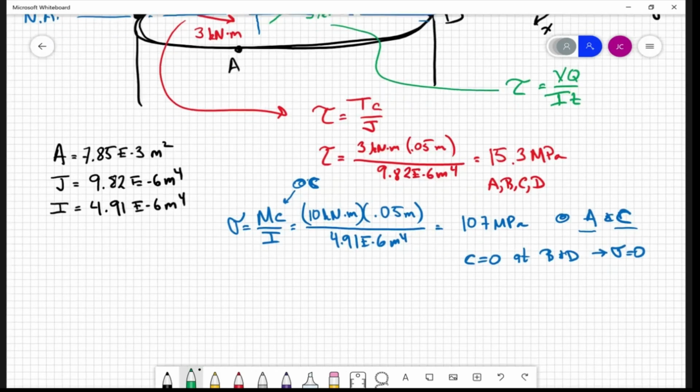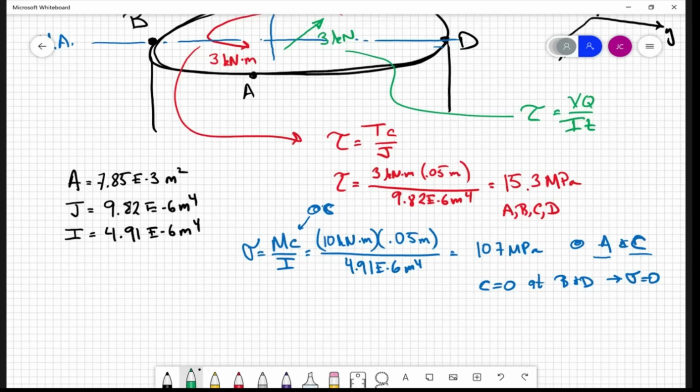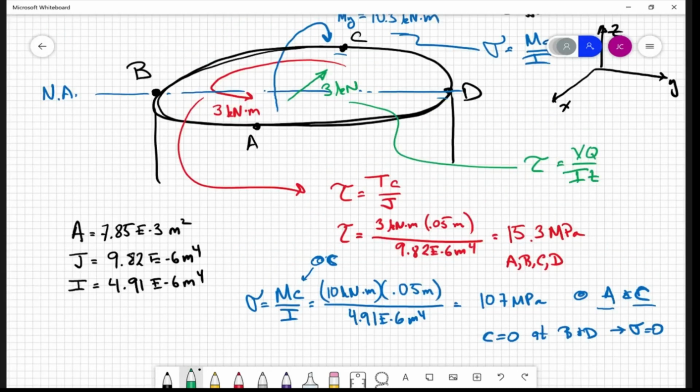And so let's do that one. Here's the transverse shear. Where will the transverse shear stress be maximum? Which points? And where will it vanish?